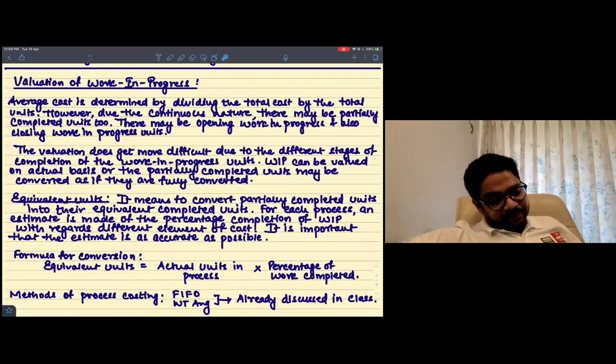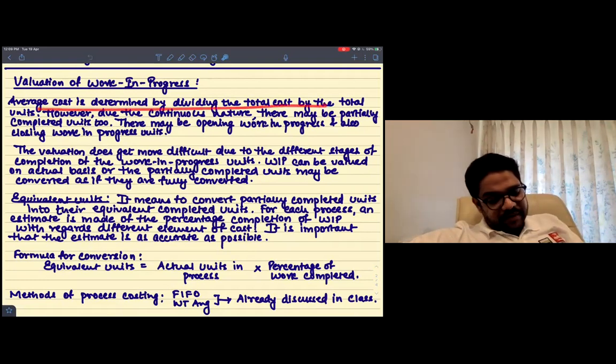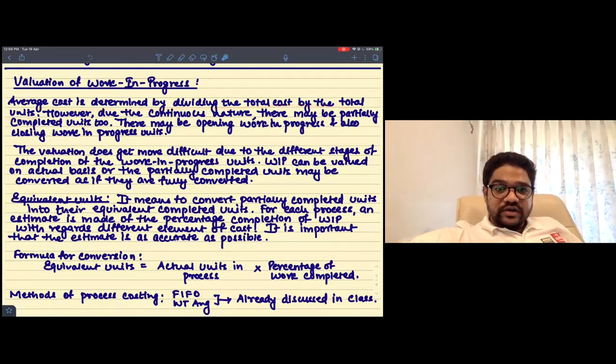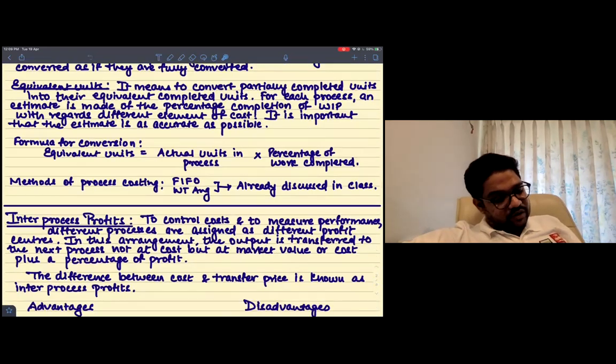What do we have here? It says average cost is determined by the total cost by total units. However, due to the continuous nature, there may be partially completed units too, and there may be opening WIP and also closing WIP. This is basic commentary here, and we know how the equivalent units work.